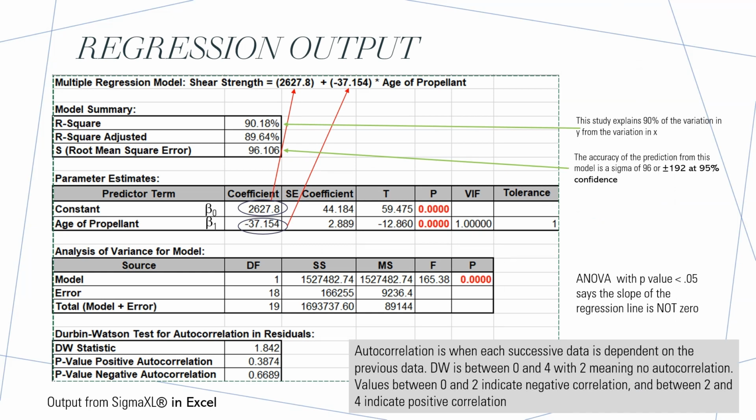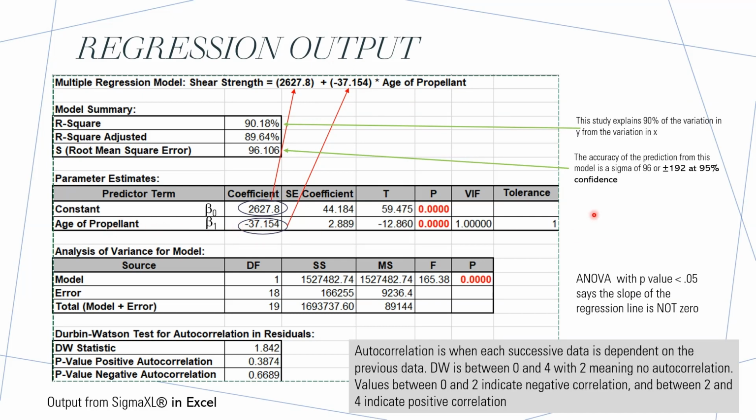Here's a printout of the regression analysis from SigmaXL, an add-in for Excel. At the top is a regression formula. Note that the first number is the coefficient for beta 0, the constant, or the y-intercept, and that the second number here is the coefficient for beta 1, which is the age of propellant, or the slope.